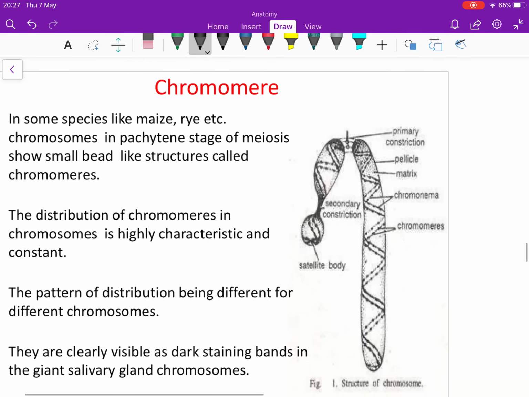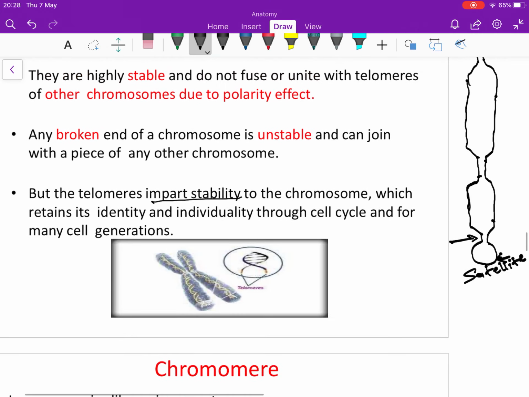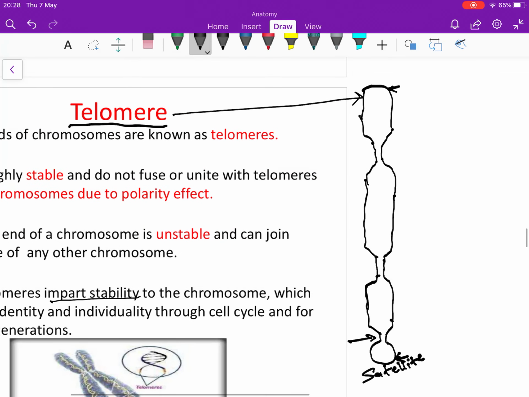Now, the next part is chromomere. See here, in some species like maize, rye, etc., the chromosomes in the pachytene stage of meiosis show small bead-like structures. Now see, we draw this bead-like structure in this chromosome.